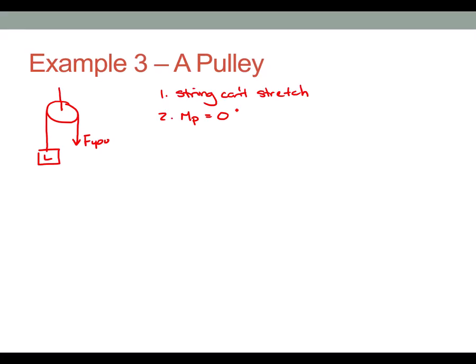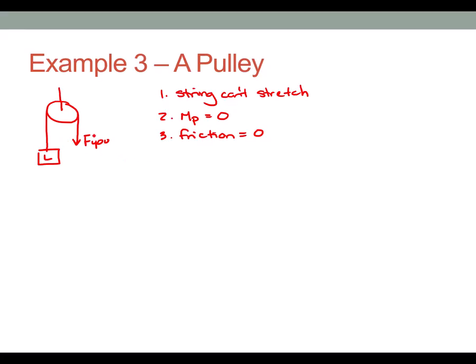The load is much, much heavier than the pulley is. And then the last assumption is there's no friction. That one had to be made in order for the ideal mechanical advantage calculation. The other 2 are not as obvious, but are also necessary.